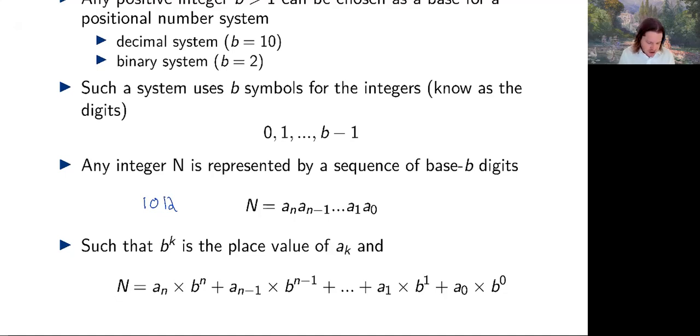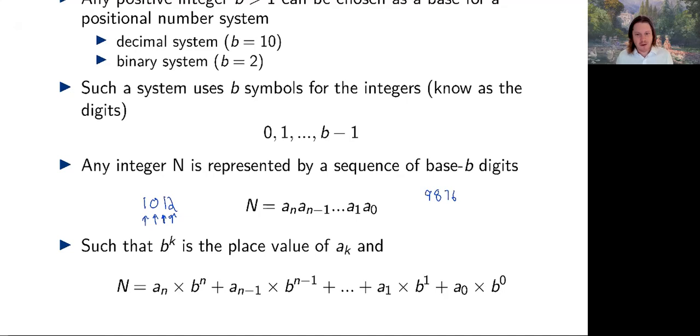So we have one digit here, 2, another digit 1, another digit 0, another digit 1. We could have had alternatively a sequence like 8, 9, 7, 6. But again, we can see here that some integer n is simply going to be represented by a sequence of the digits in our positional number system.